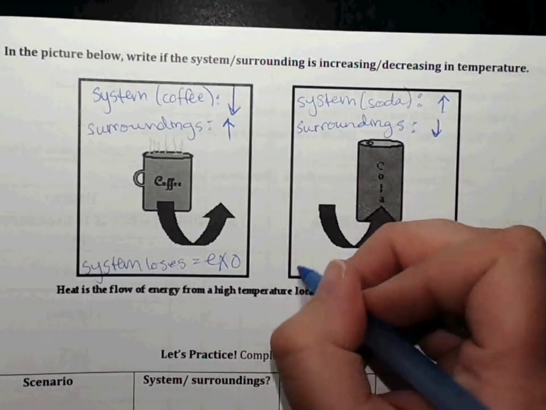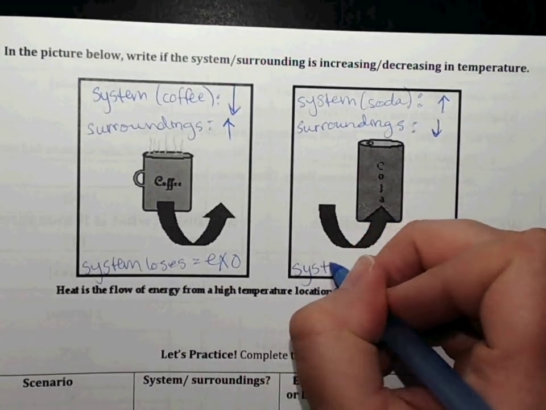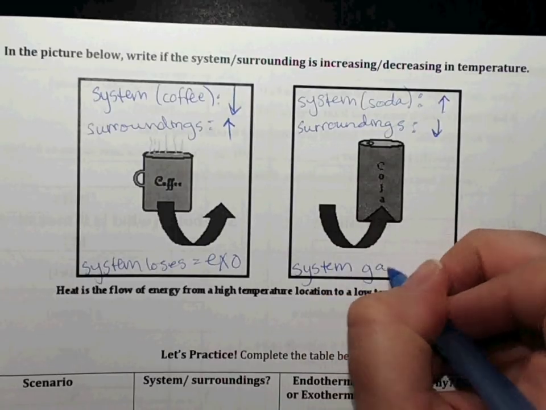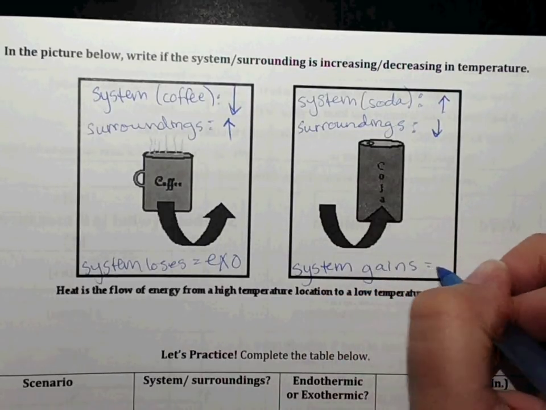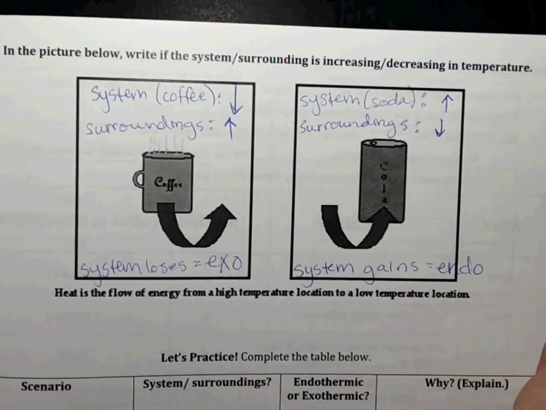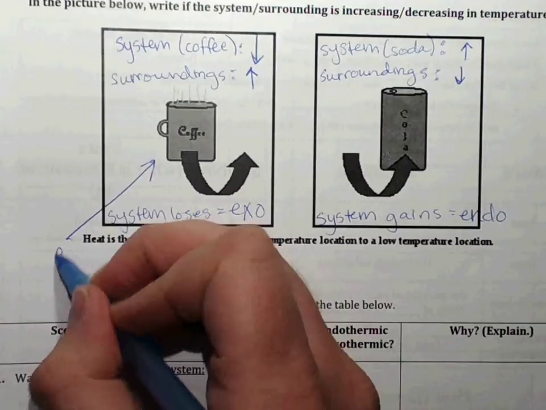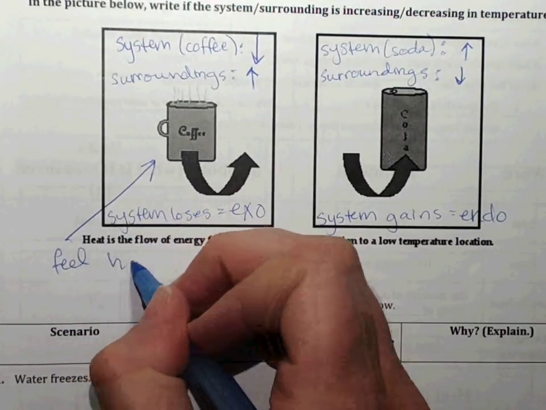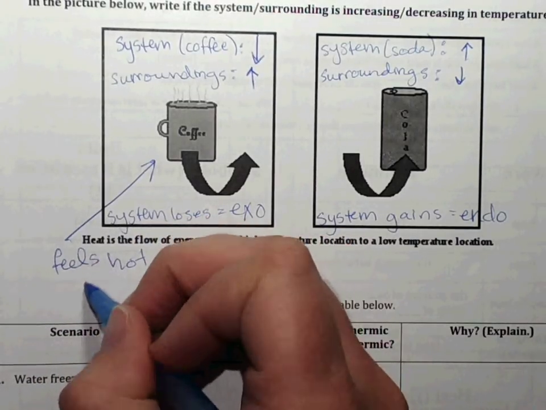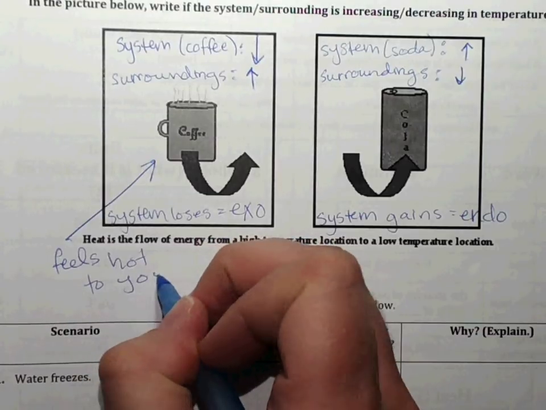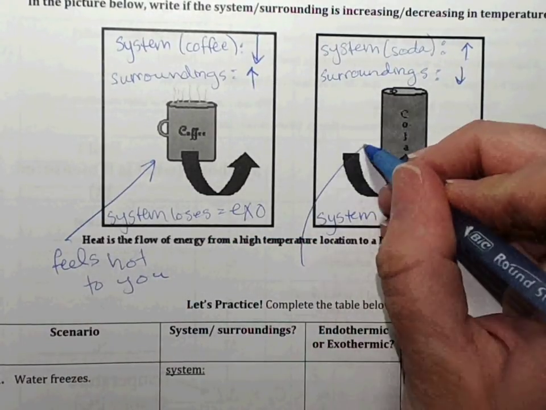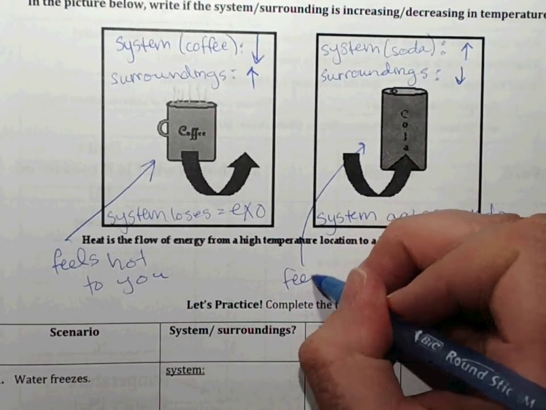When the system gains heat, that's going to be endothermic. But if you think about it, the cup of coffee is going to feel hot to you, while the can of soda feels cold to you.